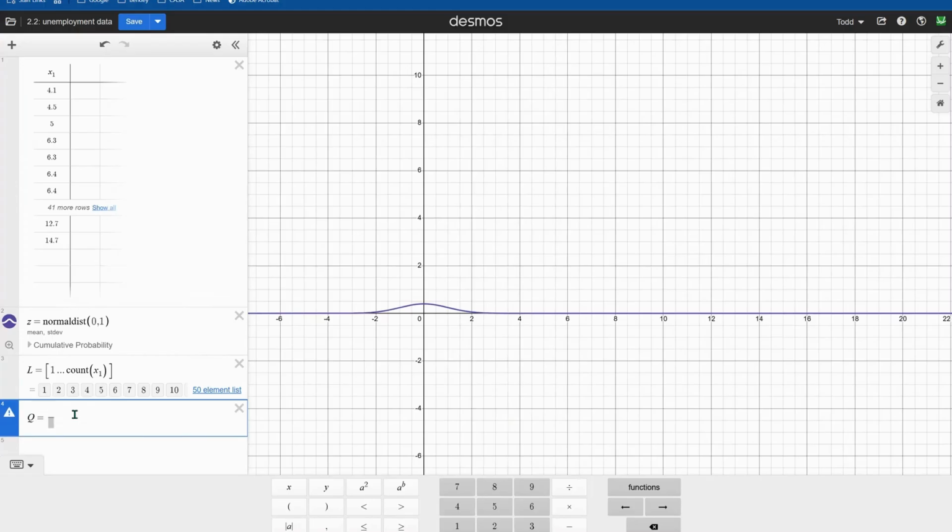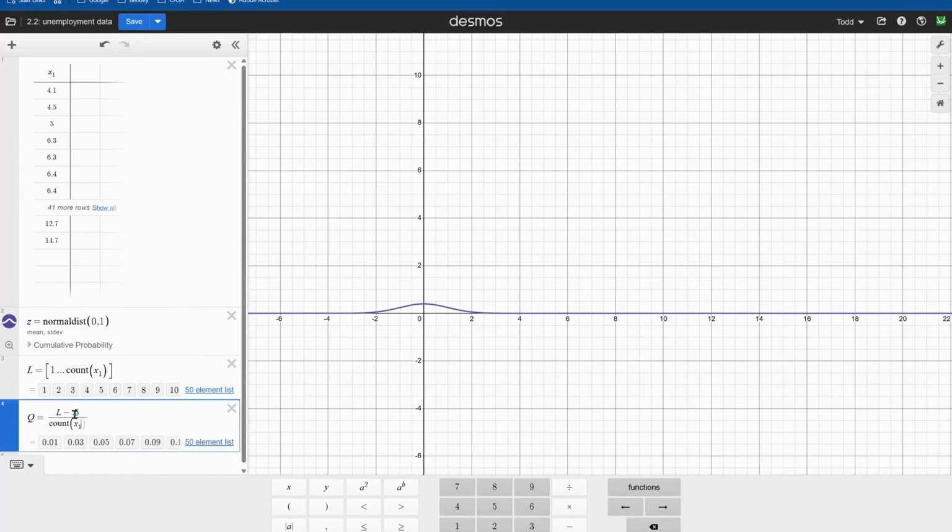I do that by making a fraction, taking every number from the L list, subtracting 0.5, and dividing it by the number of things in list one. This creates a list of numbers that represent, like, the first number is at the first percentile, the second number is at the third percentile.